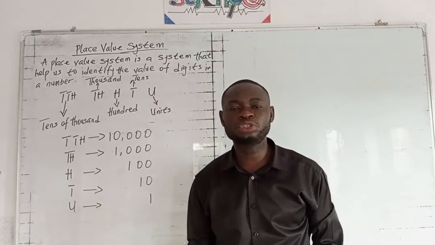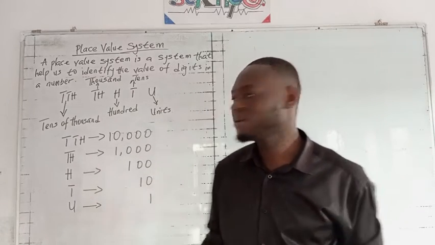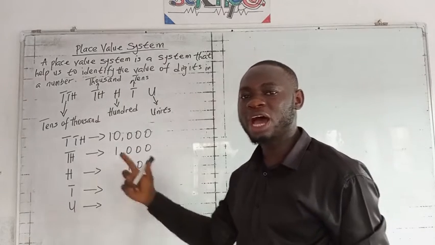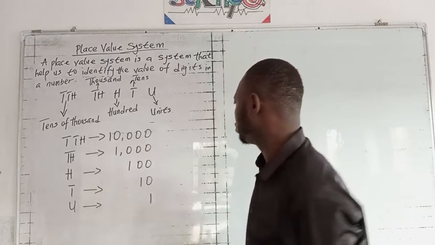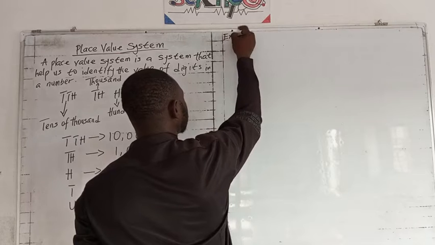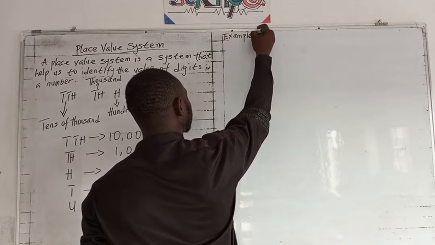So the next thing we are going to do is, how do we arrange numbers in this place value system? Let's look at this. Example number 1.